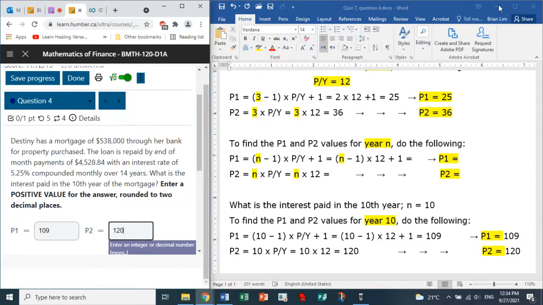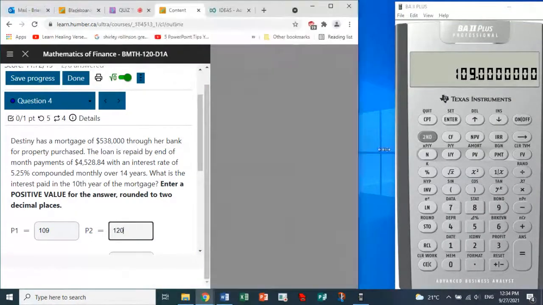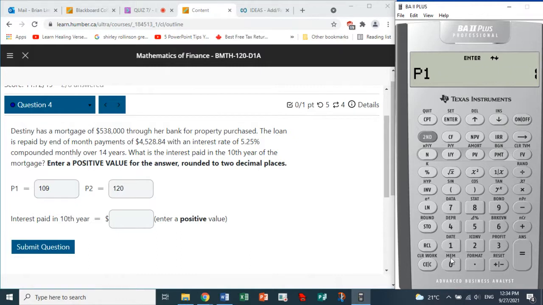All right, so we can minimize this and we can go back to our calculator now. We have all the data. We just go second PV, and P1 is 109, and we enter. And P2, we go down, and P2 would be 120, enter.